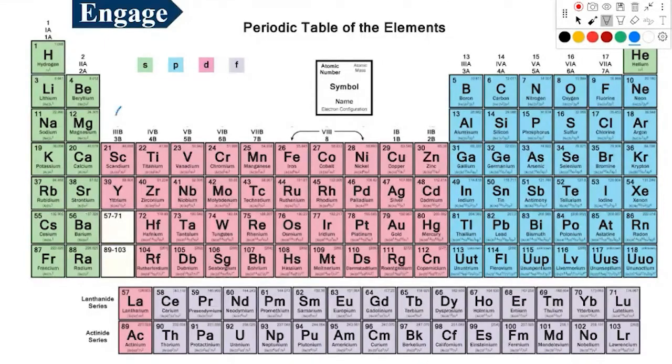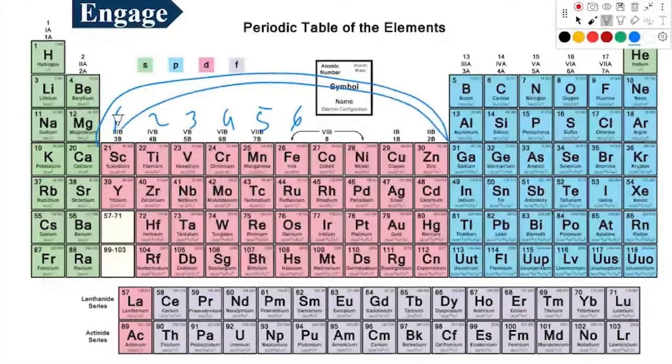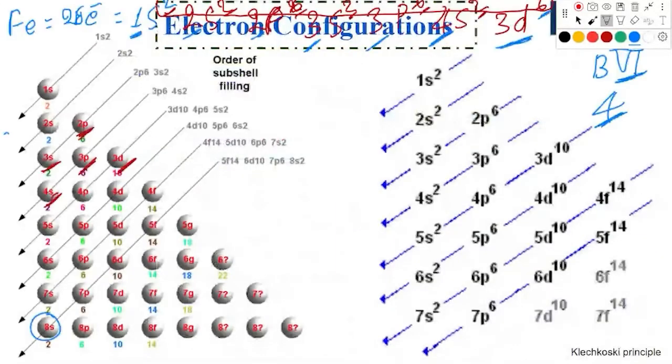If you count 1, 2, 3, 4, 5, 6. But then, you know, in this block, we call it block B. Block B does not start from 1. It starts from 3. Then it's like here we end with 6.